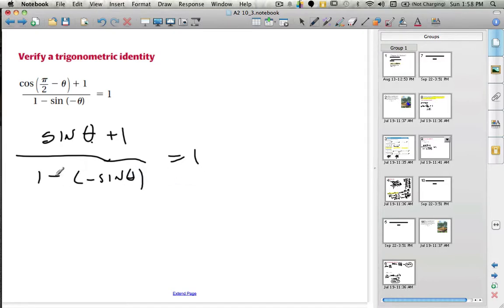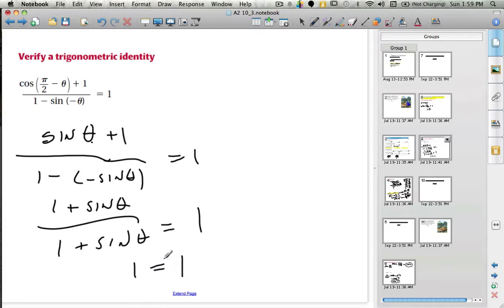Well, minus a negative is going to be plus, so I'll have 1 plus the sine of theta. I just reordered that over 1 plus the sine of theta. So something divided by itself is equal to 1. 1 equals 1. I'm done.